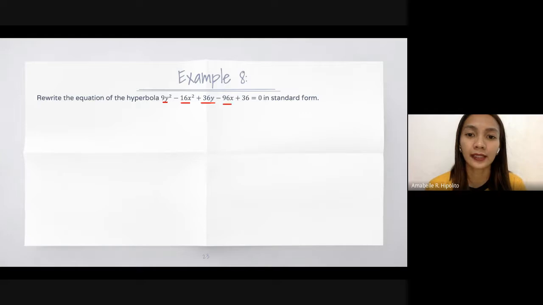And then the constant, yung constant na 36, itatranspose natin sa kabila. So, we have 9y squared. Kasama niyan is 36y. Okay, 36y. Plus, we have negative 16x.